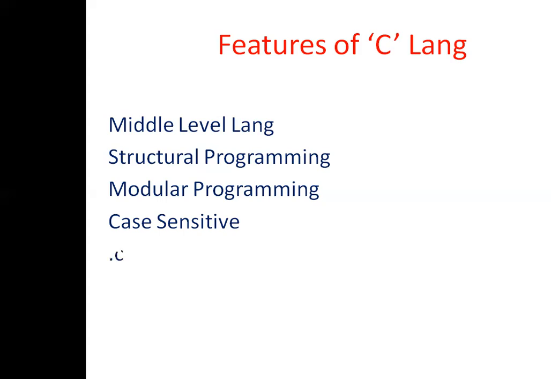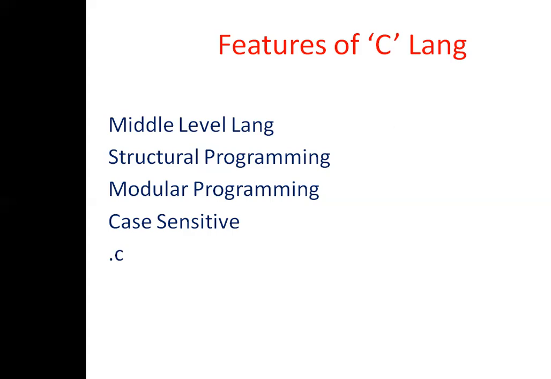The next feature is .c. .c is the extension name of a C program file. For any application you may be using in the computer, every application has its extension name. Through the extension name only, the computer can identify which type of application it is.